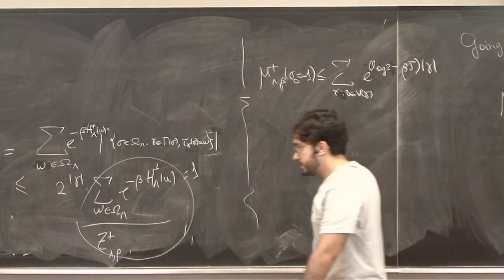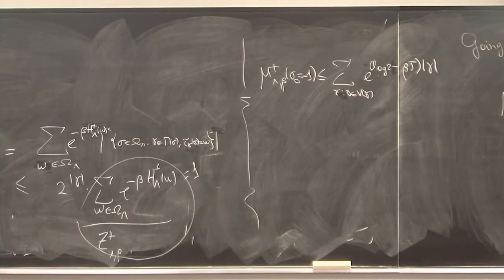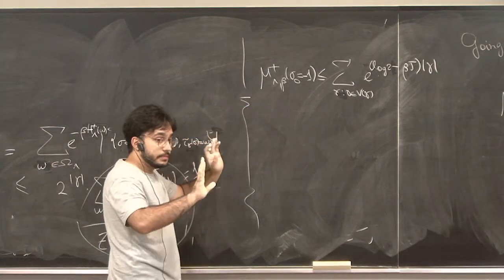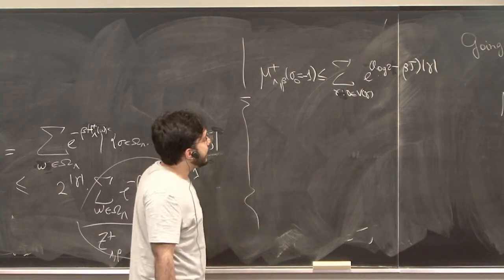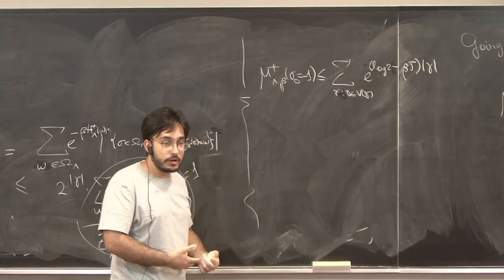So this is nice, because notice that now I don't have any information on the finite volume lambda. So this bound is uniform in lambda. So what I just need to check is whether this sum is convergent or not.